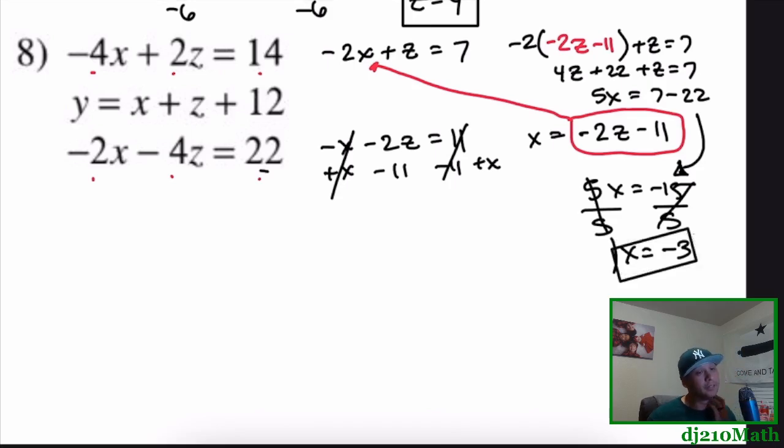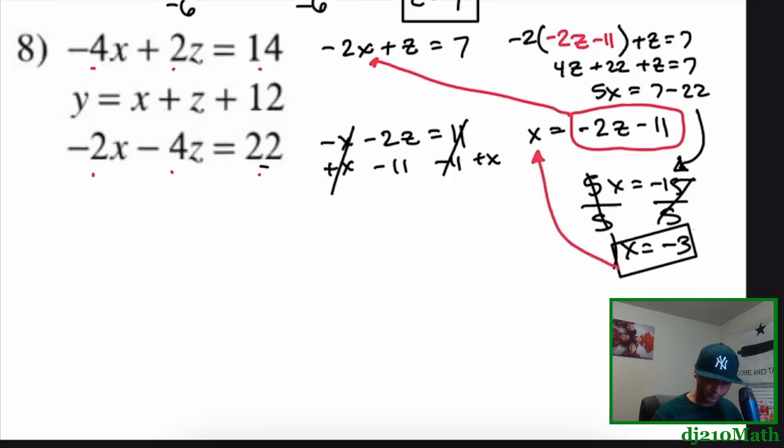Still on the screen. Good. Okay, I need to figure out what x is. So let's put z right back into here. So negative 3 is equal to negative 2z minus 11.